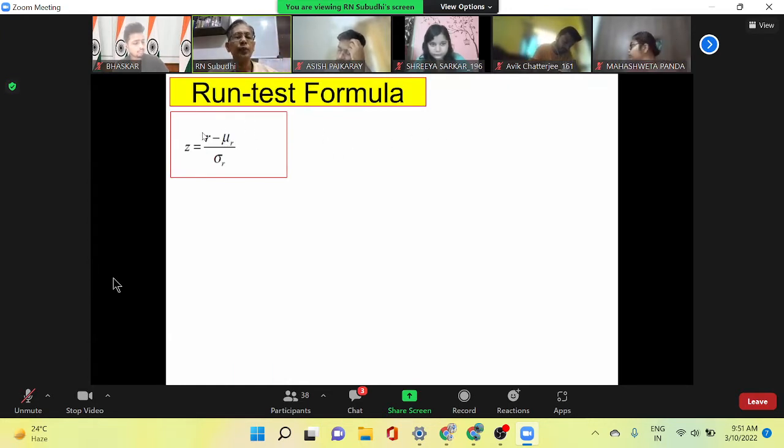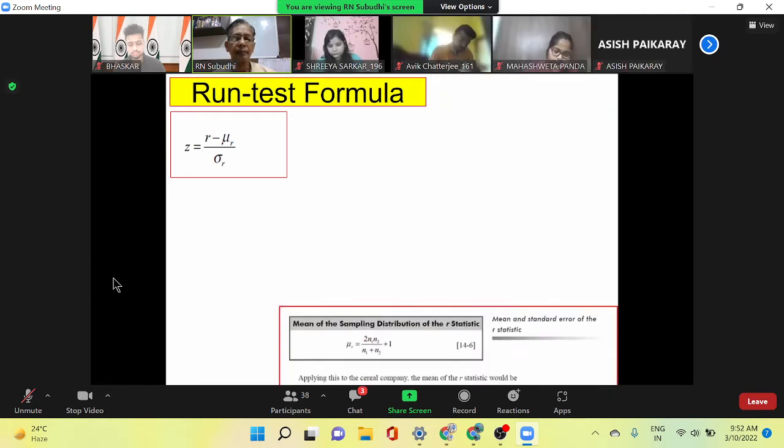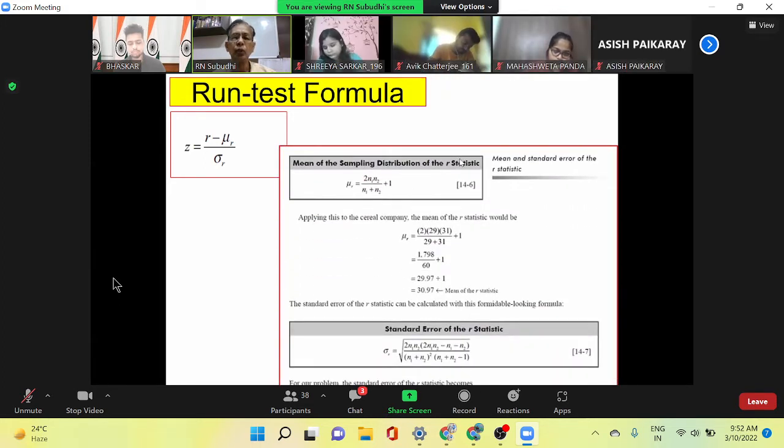in Levin's book, the formula is written as R minus mu R by sigma R. I would suggest you just write R minus mu by sigma, no subscript. So Z equals R minus mu by sigma. Right below that line, mu is 2 n1 n2 by n1 plus n2, plus 1.